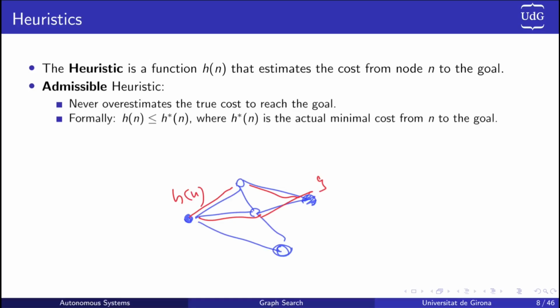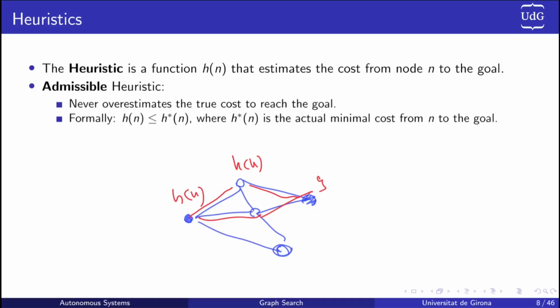Normally, when we use 2D or even 3D, it doesn't matter, there is one function that is very easy to compute that is always equal or smaller than the reality, that is the Euclidean distance. For any of these nodes, if we use the Euclidean distance, in the worst case scenario, imagine I compute the heuristic from this node to the goal and this is the direct path, then the real cost is the Euclidean distance.